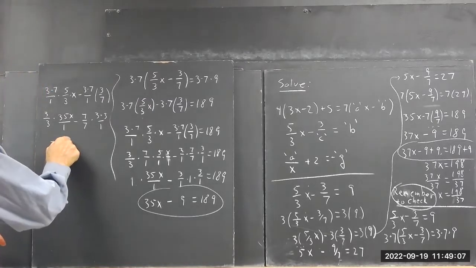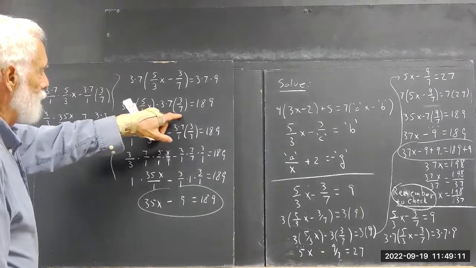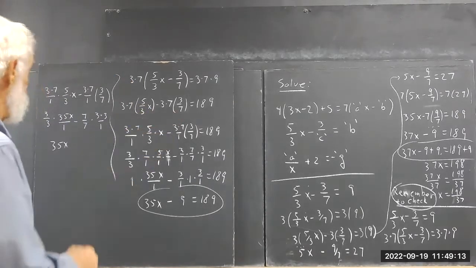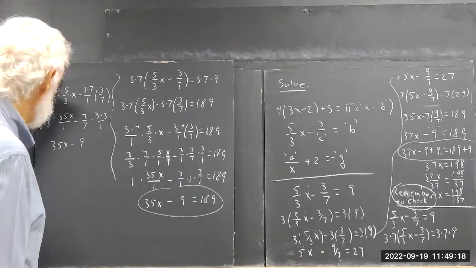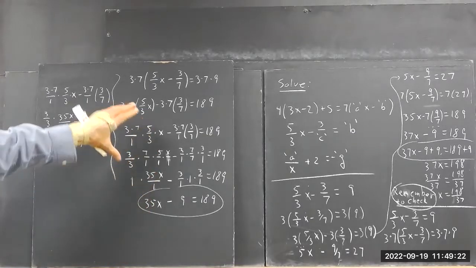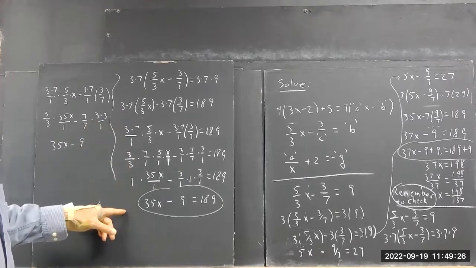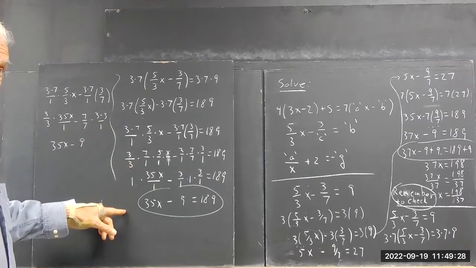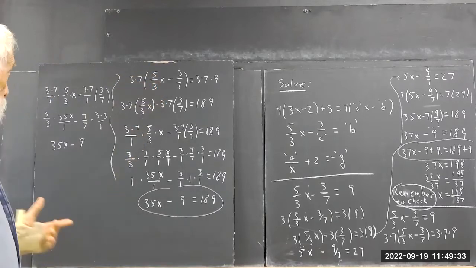Get 35x. 7/7 justifies crossing out those sevens. There's our 35x minus 9, in fewer steps. I didn't write out all this stuff. It looks a little bit complicated, but you really want to be able to think through this to assure yourself that when you are tempted to cross these out, it really works.